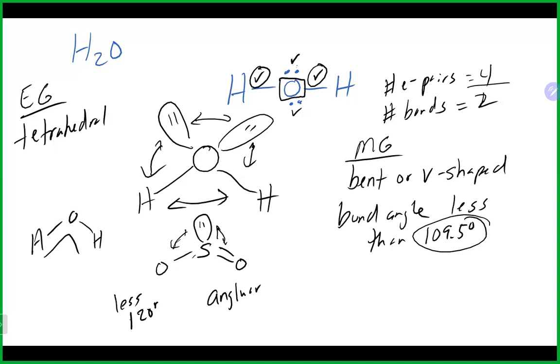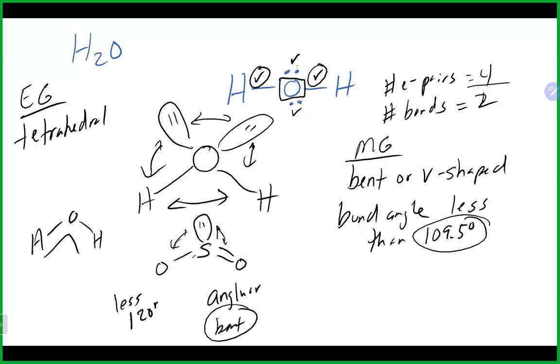That's why a lot of people use angular, but nowadays in books, people will still use bent for that. Sometimes people will use bent angular to distinguish it as the 120 degree one versus the bent or V-shaped one here.